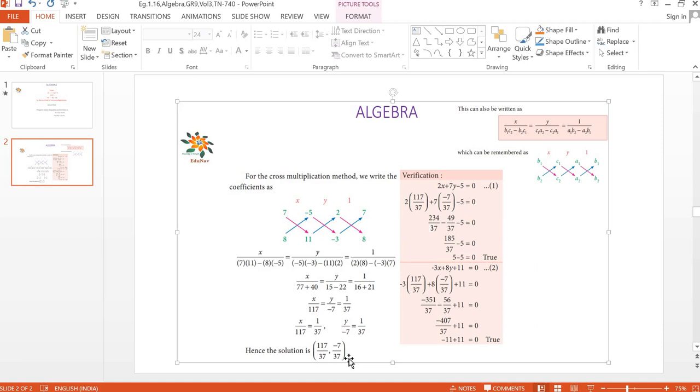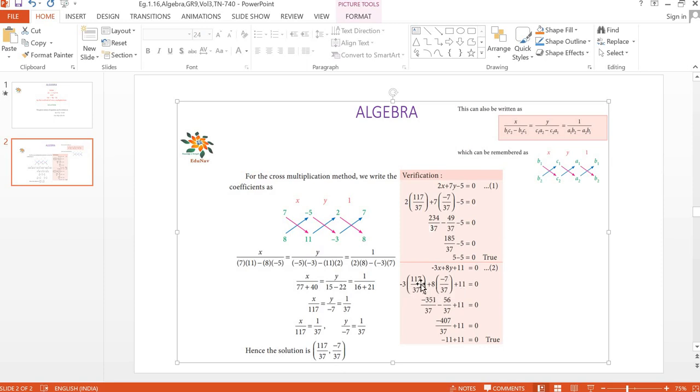Next we shall check if the values of x and y are true for the second equation also. The second equation is -3x + 8y + 11 = 0. On substituting x = 117 by 37 and y = -7 by 37, we have -3 into 117 by 37 plus 8 into -7 by 37 plus 11.